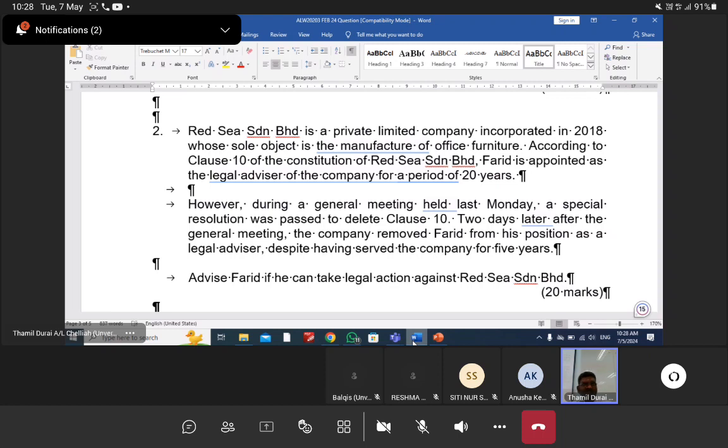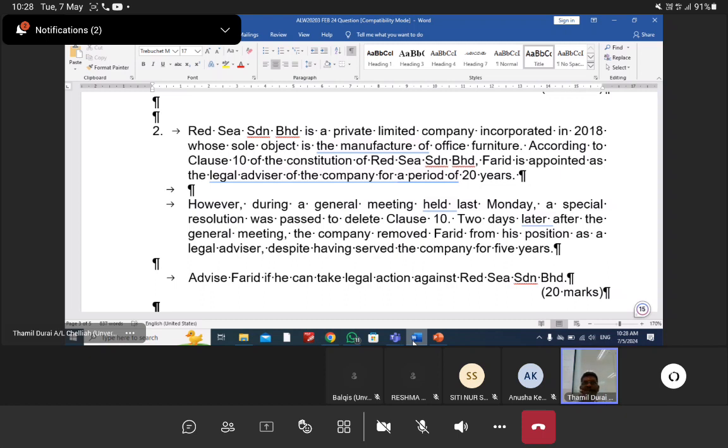Okay, even if Farid is a member, still the company can go ahead and change the constitution. Why? Clause 10 is never in the position of membership. It's talking about the legal advisor, solicitor. A solicitor is an outsider. If the company is changing anything of the member's position, yes, the member can have the right.